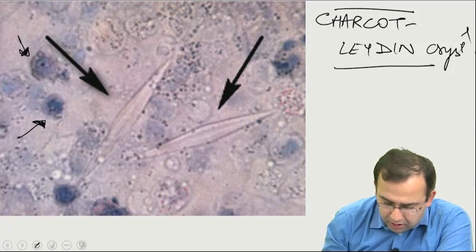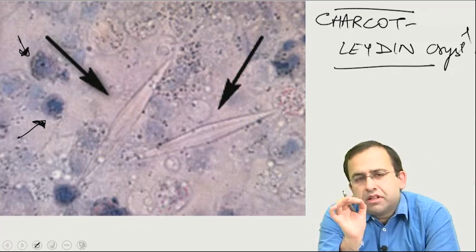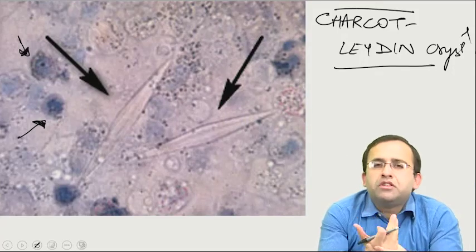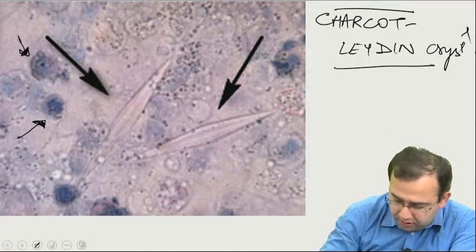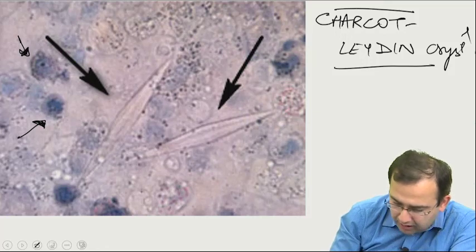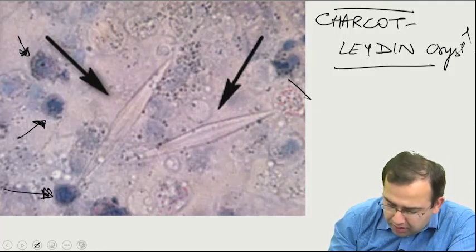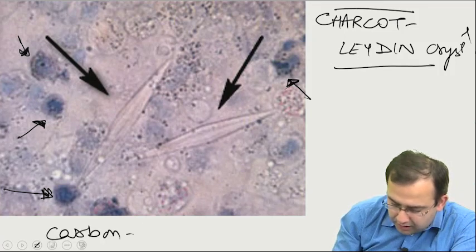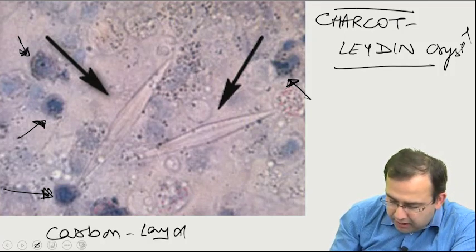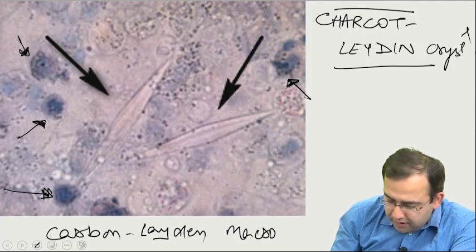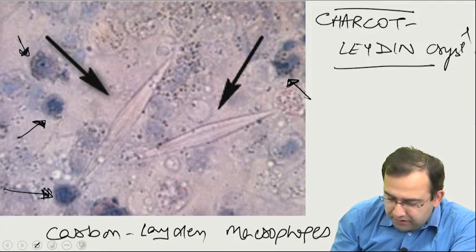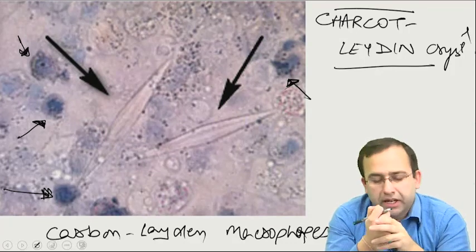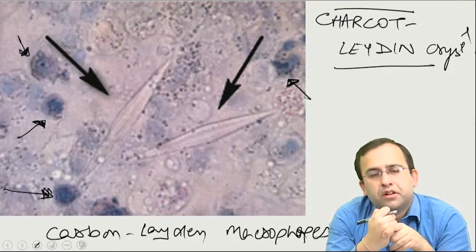These are large cells with something black inside them. We live in a polluted environment. What does pollution have? Carbon. So all these are carbon laden macrophages. These tell us that it is a sputum slide.